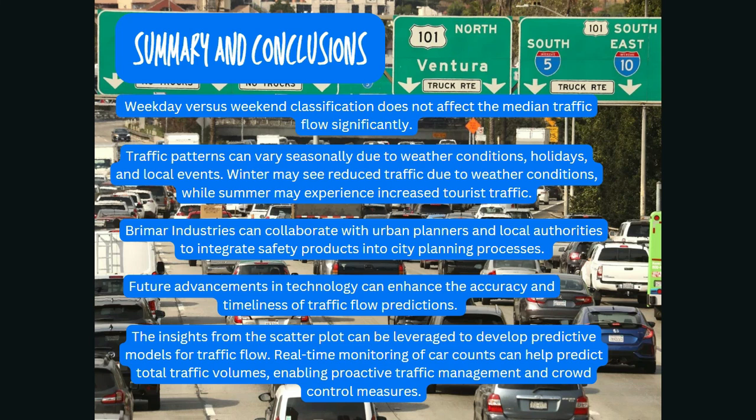And also, future advancements in technology can enhance the accuracy and timeliness of traffic flow predictions, such as the integration of IoT and sensor networks. Real-time data collection from IoT devices and sensor networks, which are embedded in vehicles, road infrastructure, and urban environments, will enable continuous real-time data collection on traffic patterns.